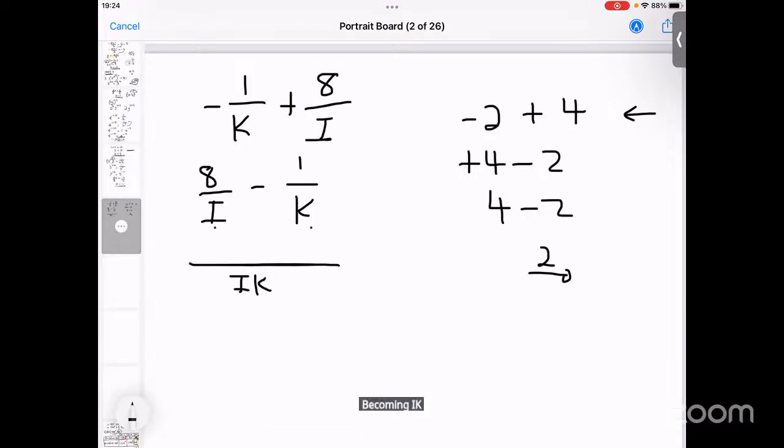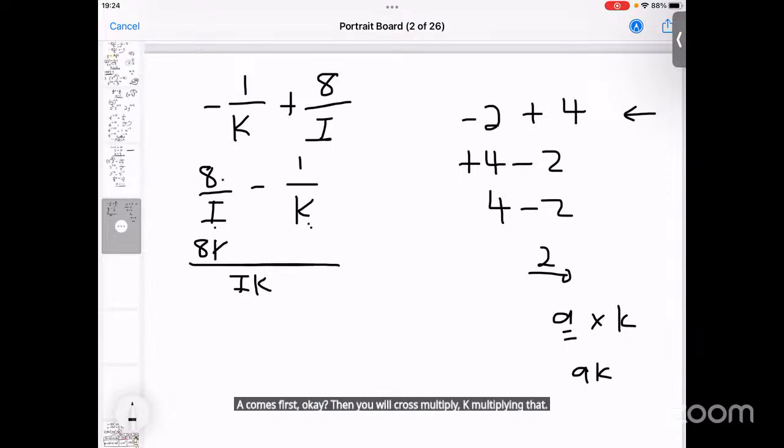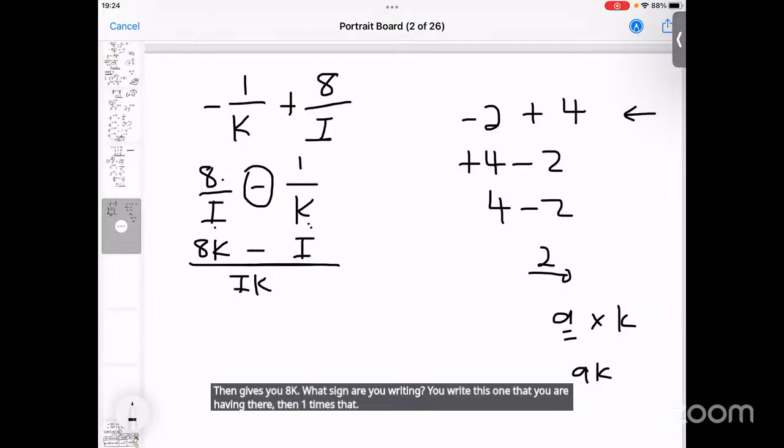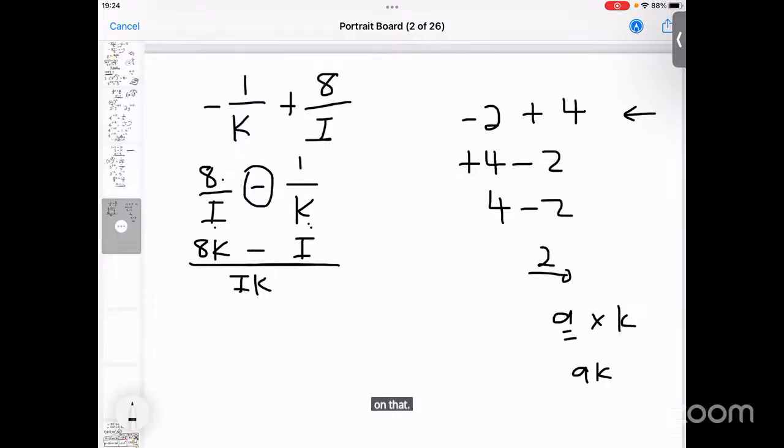I'm not sure which letter comes first, but what I recommend is that if you are multiplying a by k, rather start with a and say ak, because alphabetically A comes first. Then you cross multiply: k multiplying that gives you 8k. What sign are you writing? You write the one that you have there, then 1 times that becomes 1 that. This should be the end of it.